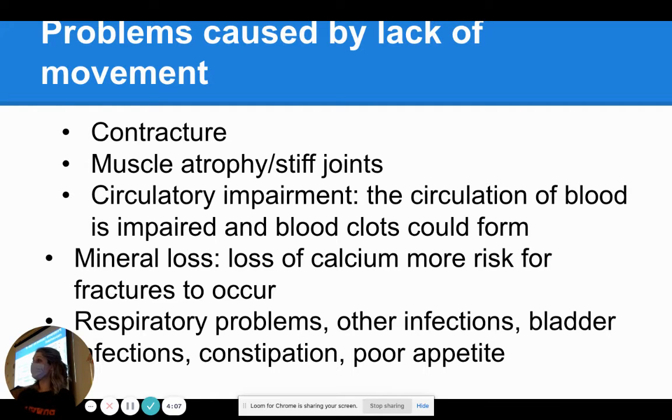So coughing and fully expanding your chest is done right. You can't fully expand laying down, but you can fully expand more sitting up. So all that gunk gets in there and they can't get it out and you get pneumonia. Bladder infections, constipation, poor appetite. Basically everything kind of slows down the less that you move. So we want to prevent those problems.